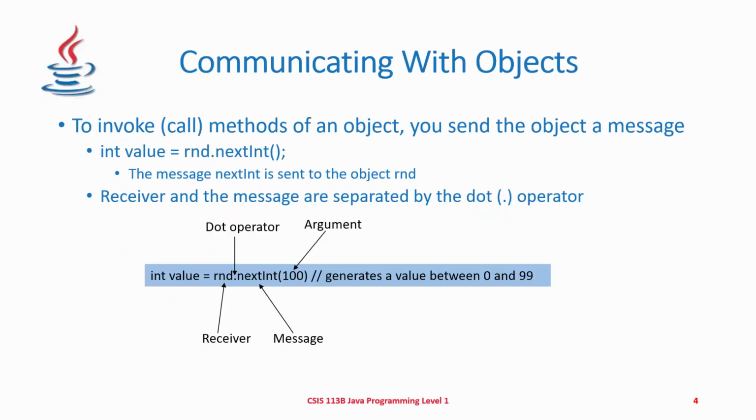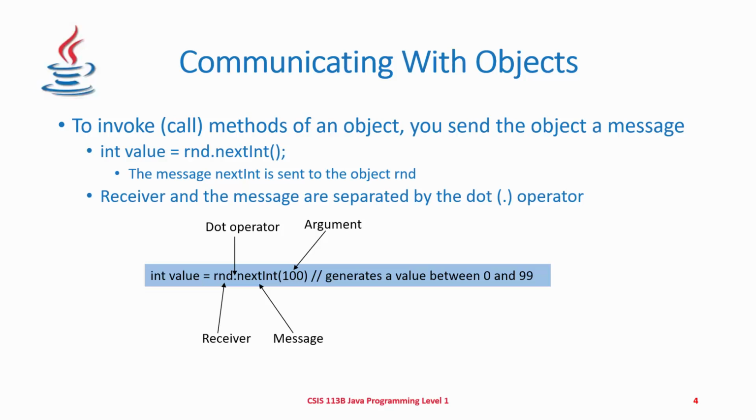So communicating with objects is what we're talking about here. To invoke or call a method of an object, you send the object what they refer to as a message. Really, it's simply calling the object and identifying which method you want that object to run.